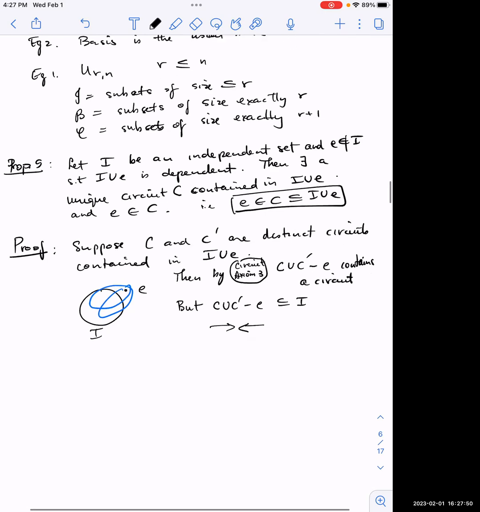A couple of notes. We call this the fundamental circuit.